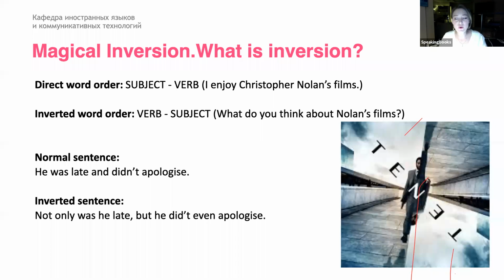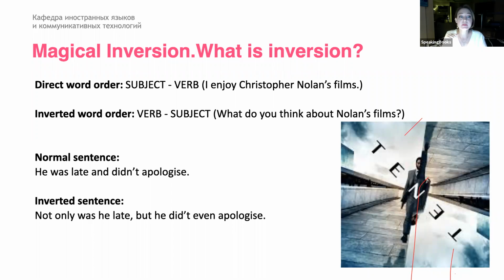Well, I thought so before, at least before I watched this Tenet movie. I loved the Inception movie with DiCaprio, as far as I remember. That was a nice one. So once again, this is a normal sentence. I enjoy Christopher Nolan's films. There is a direct word order. First subject, I, then verb, enjoy.